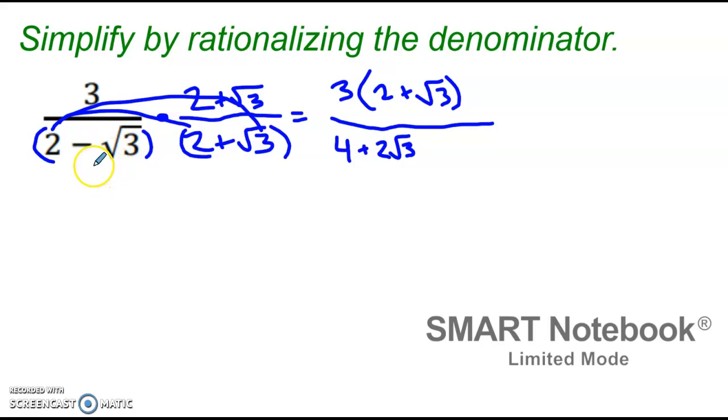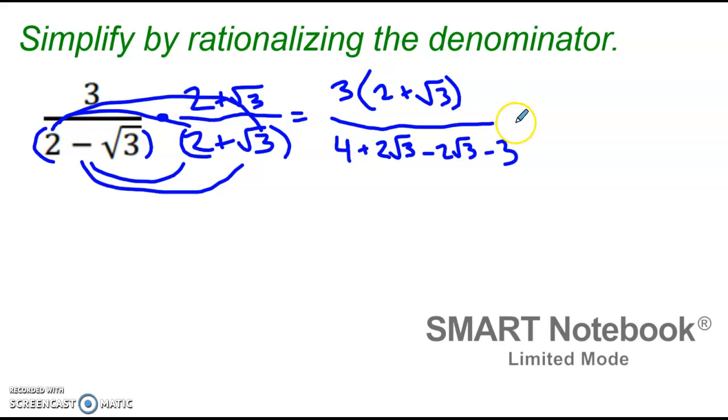And then I'm going to do negative root 3 times 2. So now I distributed the 2, so now I've got to distribute the negative root 3. Negative root 3 times 2 is negative 2 root 3. And then finally, negative root 3 times positive root 3 is just going to give us negative 3. Because remember, we're squaring a radical, so we just get the 3, the radical sign disappears, and it's a negative times a positive, so we're going to put negative 3.